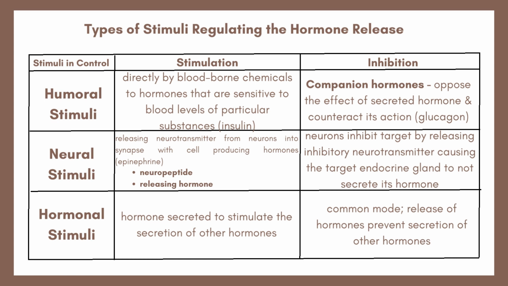For example, a rise in blood glucose levels triggers the pancreatic release of insulin. Insulin causes blood glucose levels to drop, which signals the pancreas to stop producing insulin in a negative feedback loop. The stimulation here would be the insulin and the inhibition would be glucagon.